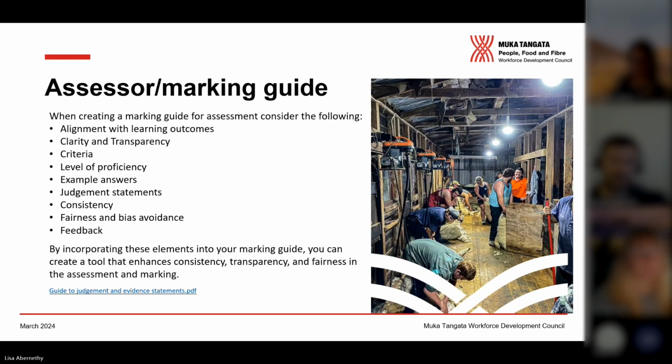And obviously once you've written or completed the assessment material, there's the assessor and marking guide. So when these are created, there's a few things to consider that they contain as well. So obviously the alignment with the objectives or the learning outcomes. So ensuring that the marking guide aligns closely with the unit standard learning outcomes and the skills you intend to assess.